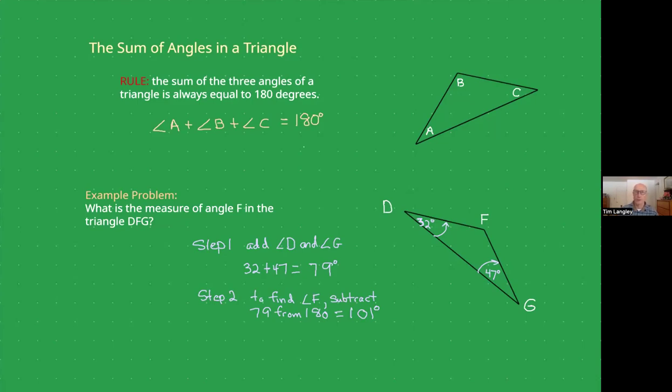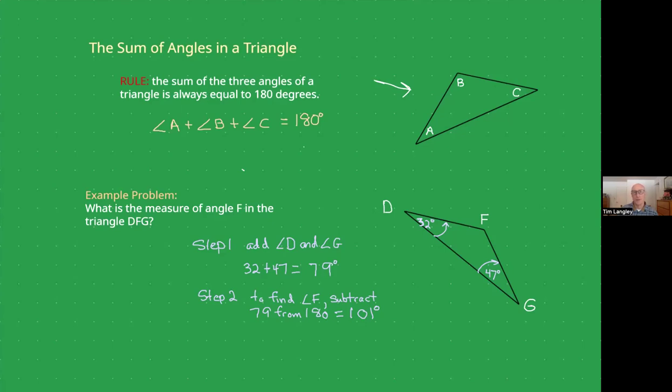Here's a really important rule for you to remember. Look at my triangle over here on the right, triangle ABC. In every single triangle, the sum of all three angles, and sum means if you add them all together, is always going to be 180 degrees.